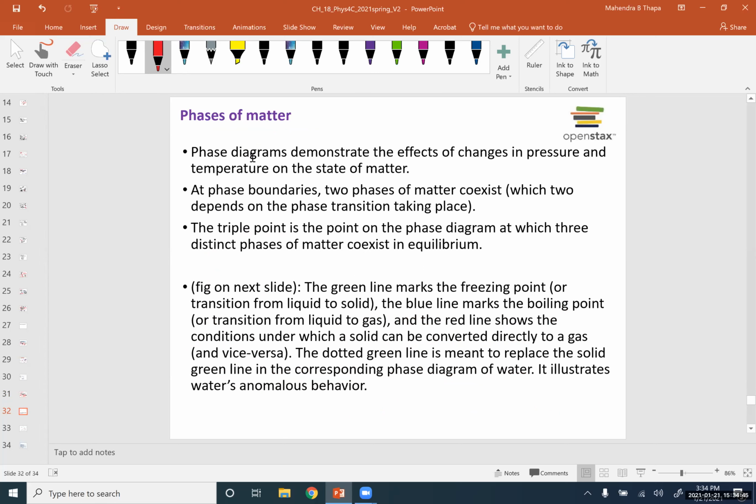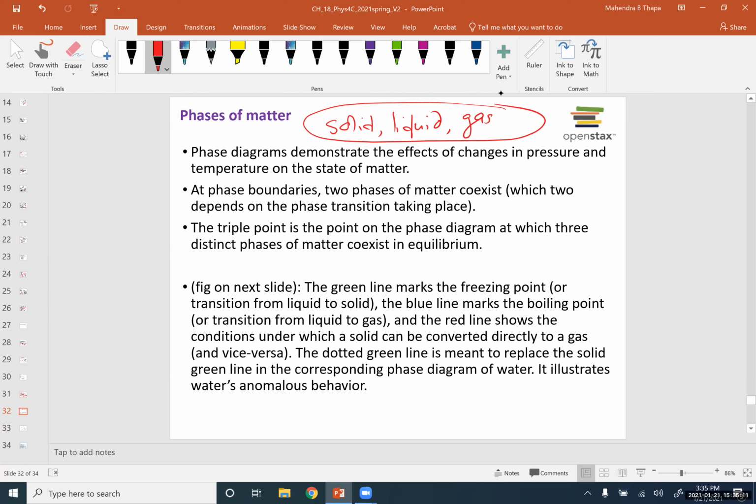Let's second talk about phases of matter. In general, you know that we have three phases: the solid, the liquid, and the gaseous state. The phase of matter changes with temperature and with pressure.